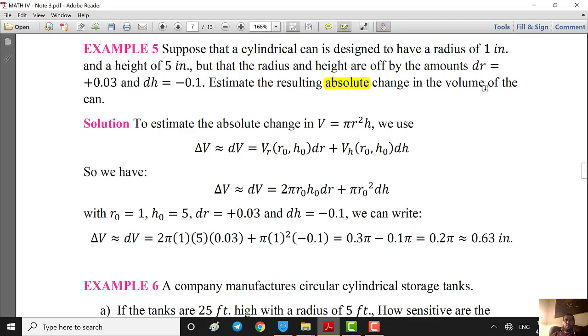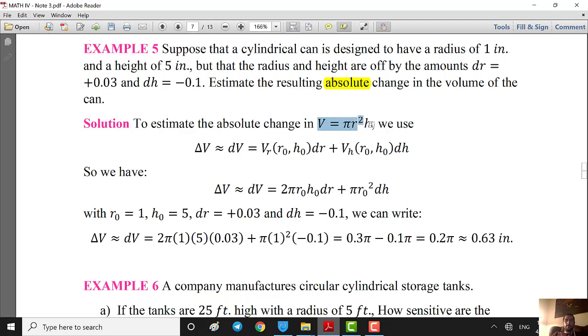Now, the formula that gives you the volume of a can, which has the radius r and height h, as you all know, is equal to the area of the base times height, which is v equal to pi r^2 h.